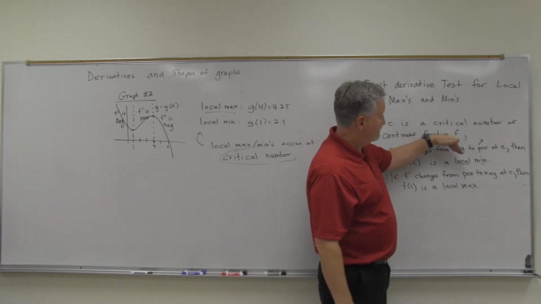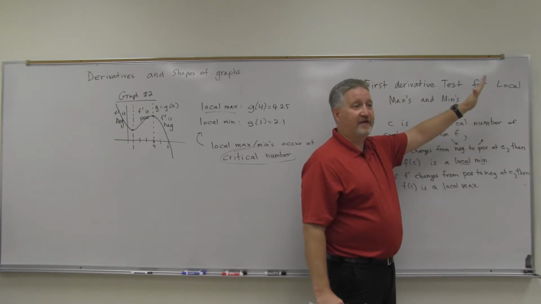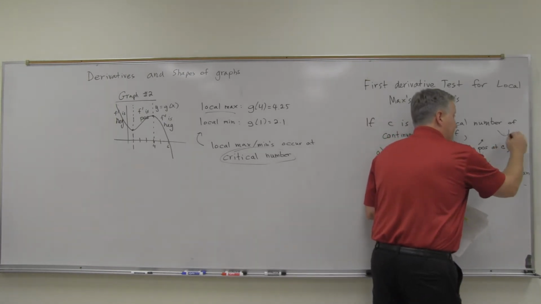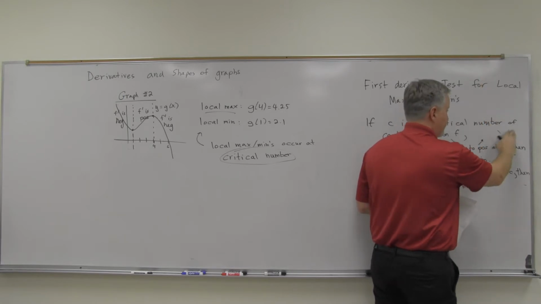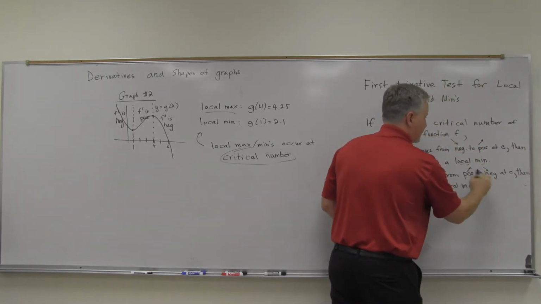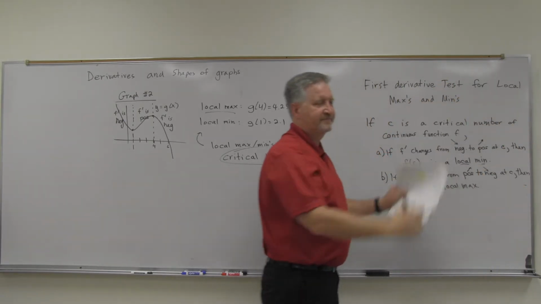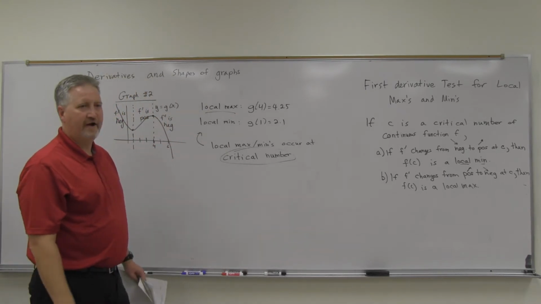So you got negative turning into positive. That shows you that yes, you've got a minimum, right? It's going down and then back up. So that's a minimum. Same thing here. This one's positive, turning over to negative. So it's positive, then turns down to negative. Therefore, you have a max at C. Okay?